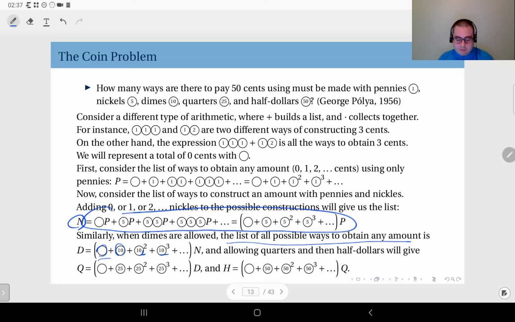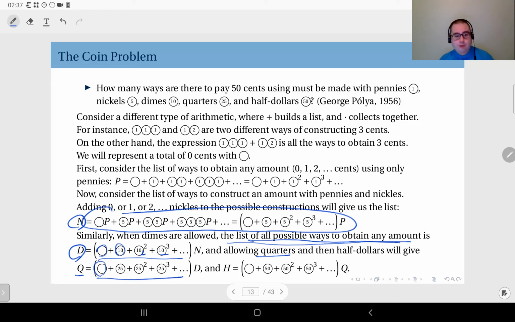So this will be represented with D, and it has all the possible ways to obtain any amount with pennies, nickels, and dimes, ones, fives, and tens.